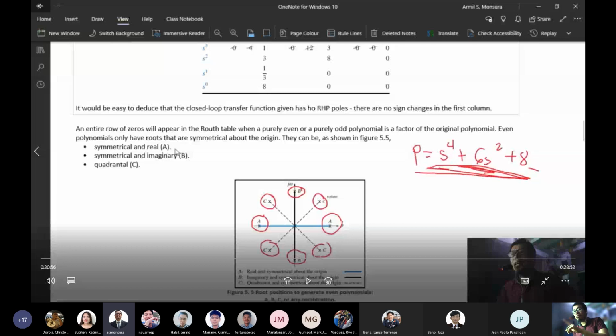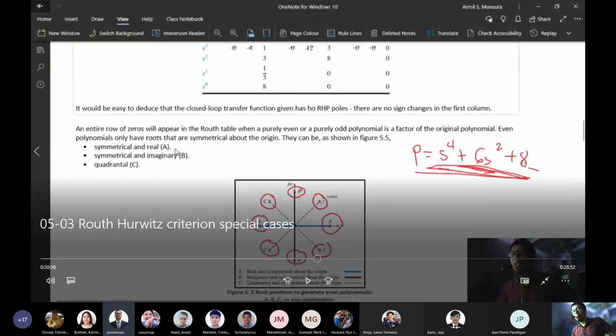At pag wala siyang right half plane pole, wala rin siyang left half plane pole dahil sa symmetry. Okay? So, ibig sabihin nun, bibilangin natin kung ilan yung posibleng nasa right half plane at saka left half plane. Tapos yung hindi natin mabibilang, kasi unang-una alam natin kung ilan lahat yung poles meron ang even polynomial ninyo. Halimbawa in this case, ilang poles meron ang even polynomial na ito?